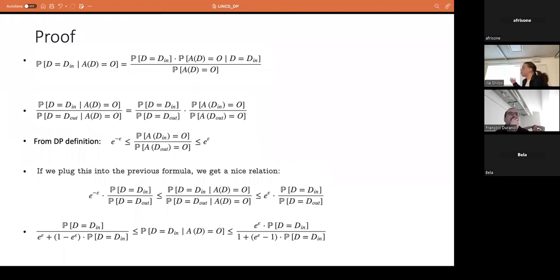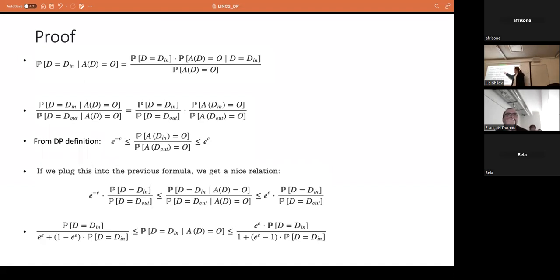I don't know if we have time for that, but it basically follows from the Bayesian rule. Quickly, we can write this probability like this, given the conditional probability.